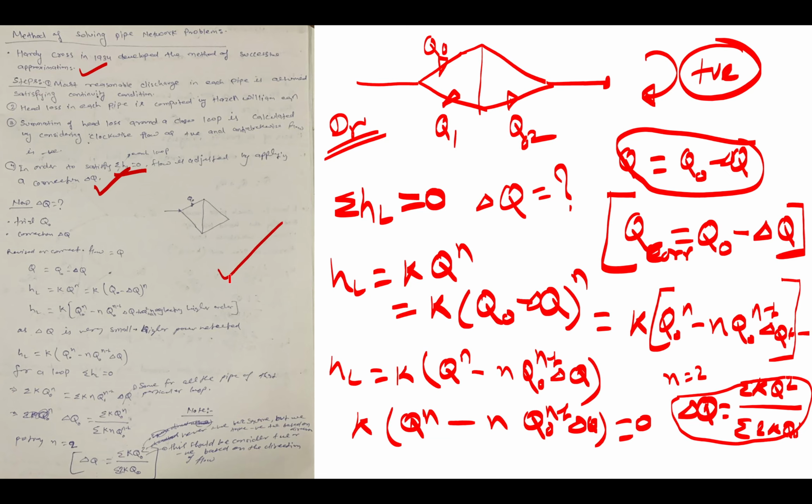You can easily get this summation. We will put positive or negative as per the direction of flow, whether it is clockwise or anti-clockwise. Based on that, after that you will apply the check also.